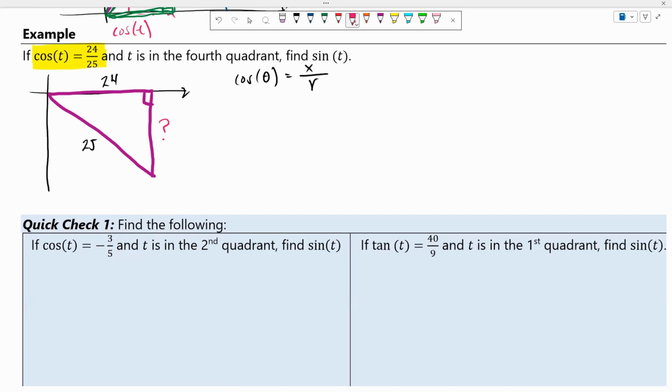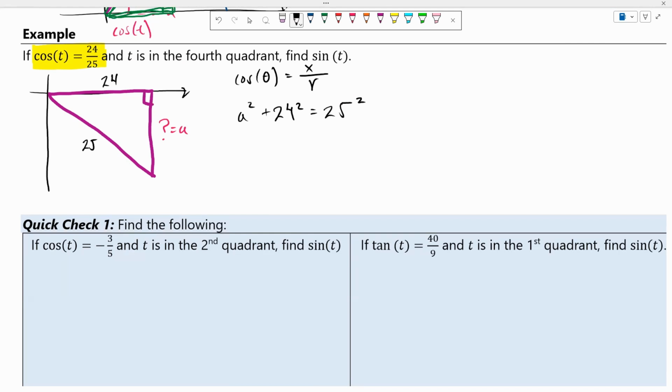You guys see the Pythagorean theorem happening already? So we're going to call this A. So A squared plus 24 squared has to be equal to 25 squared.